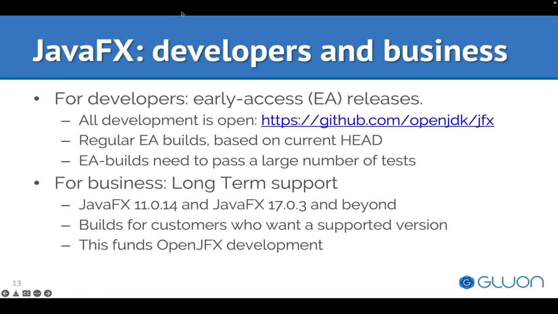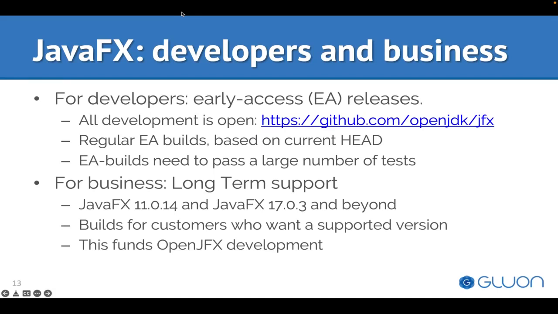For business, we recommend using JavaFX long-term supported builds. And with Gluon, we provide builds for JavaFX 11 and JavaFX 17 as long-term supported builds. This is really good for customers who want to stick to a supported version and who want to have fixes for that version.